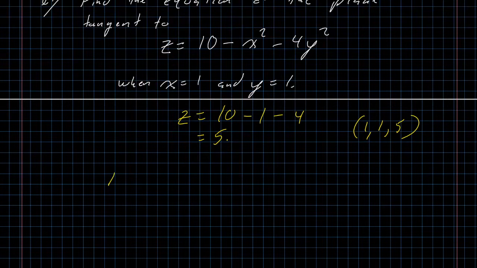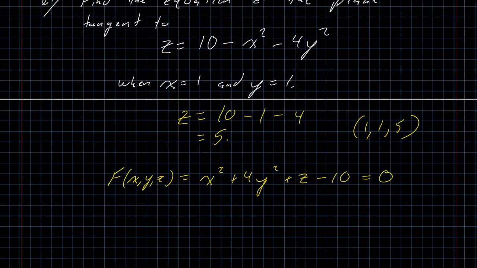To find the normal vector, I write that F of x, y, and z, and just move everything from one side of the equation to the other. I'm going to have x squared plus 4y squared plus z minus 10, and that's equal to 0. All right, I just moved everything to the left-hand side of the equation.